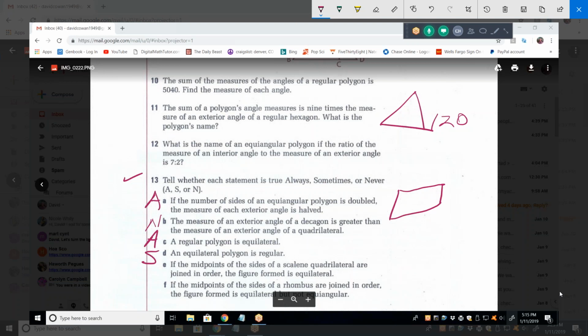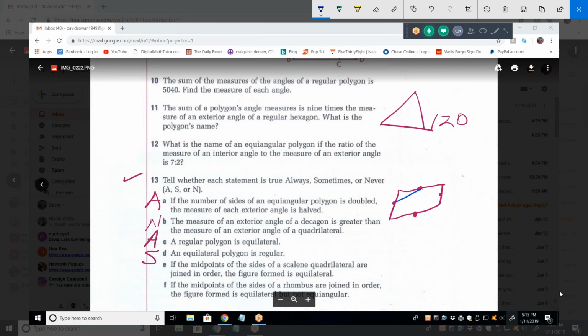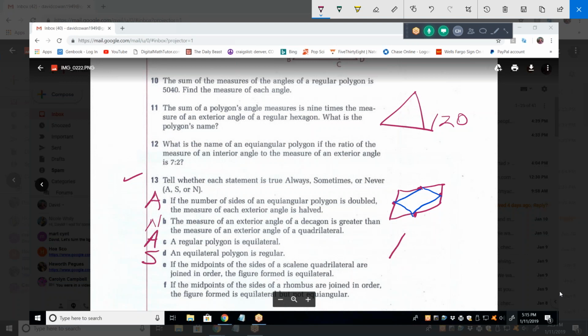The midpoints are joined in order, the figure formed is equilateral. My concern is, see, it's not always true, right? Because it's really easy if I want to draw this figure slightly different.